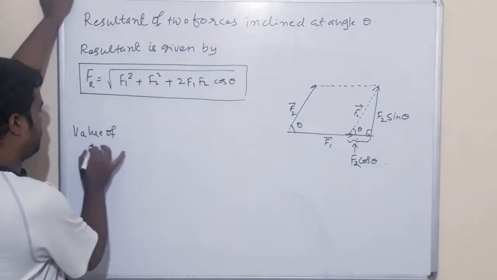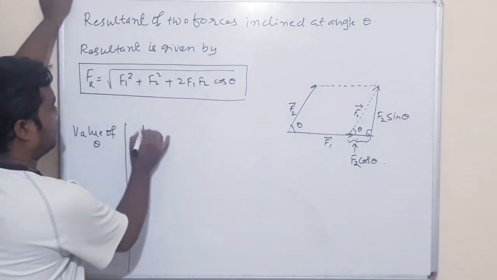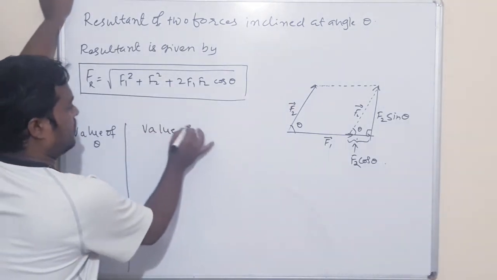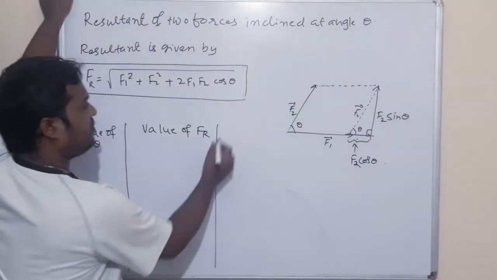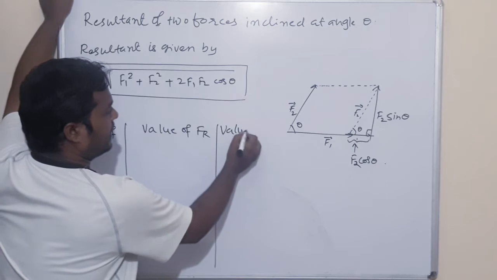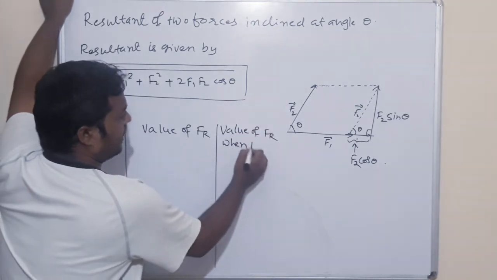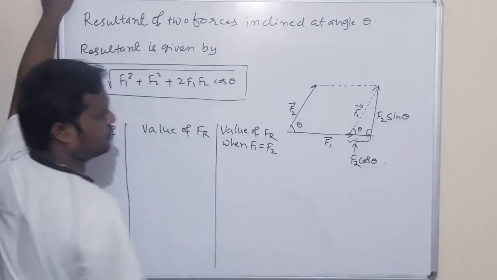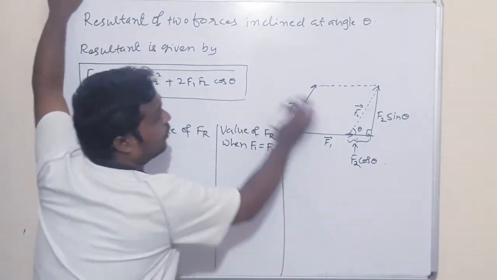This is the value of theta. Then I will write here the value of Fr. In this column we will write the value of Fr when F1 is equal to F2. Let us call F1 equal to F2 when both the vectors are equal in magnitude.